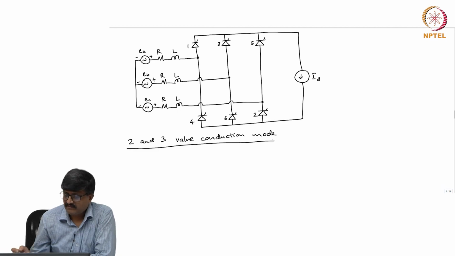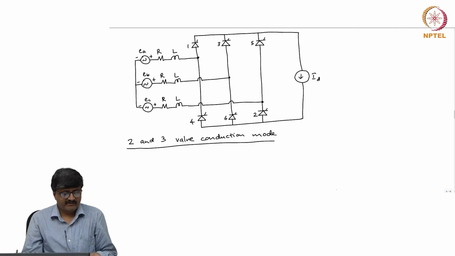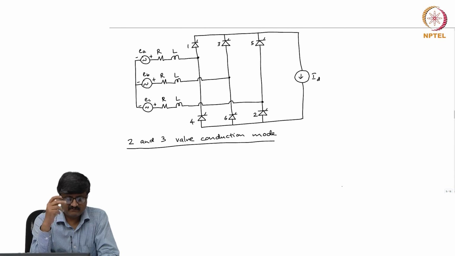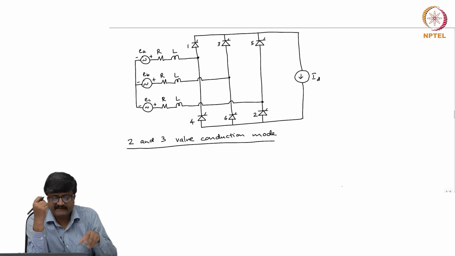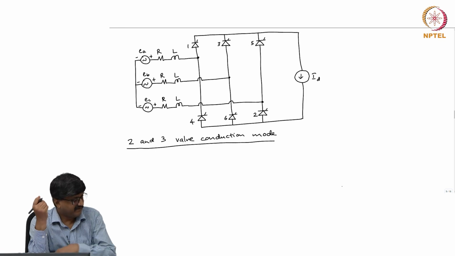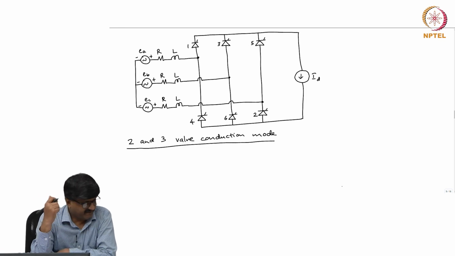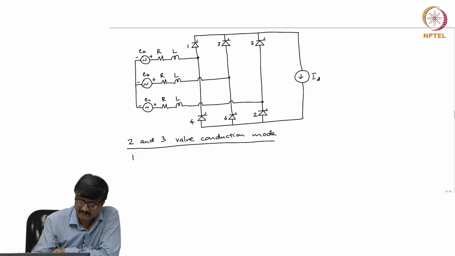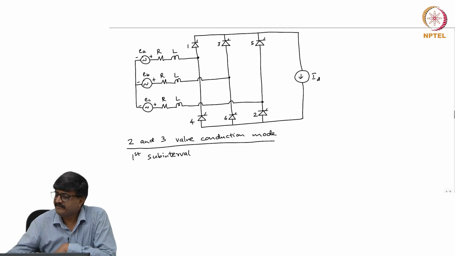I can take any cycle and each cycle will have 6 intervals and in each interval of duration 60 degrees I have 2 sub intervals. So, in the first sub interval 3 valves conduct and in the second sub interval 2 valves conduct. So, let me take the first sub interval.